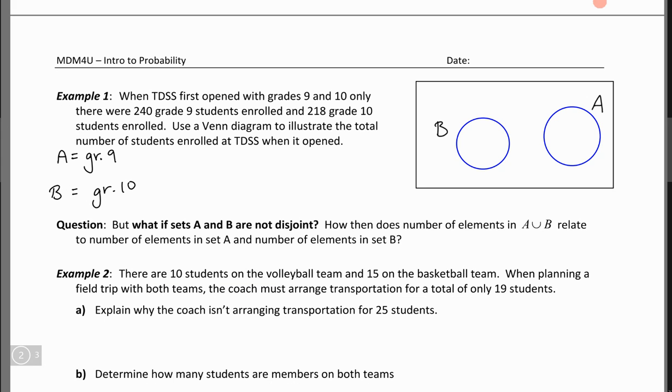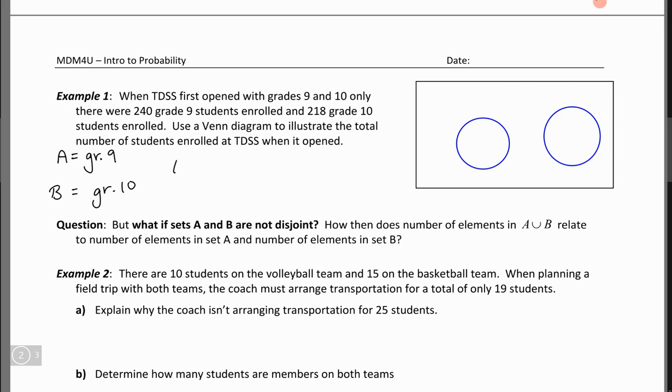Okay, and so in set A, the grade 9s, we have 240 of them. Set B, we have 218 grade 10s. So how many total number of students do we have here?